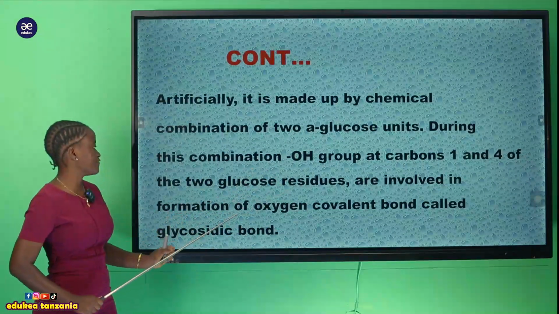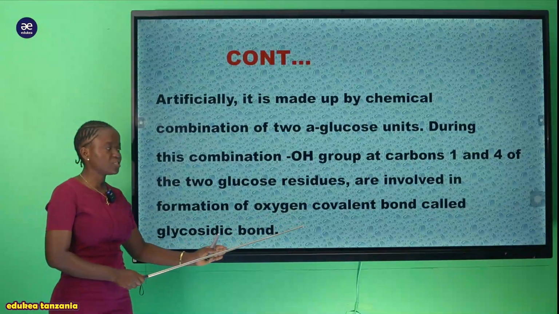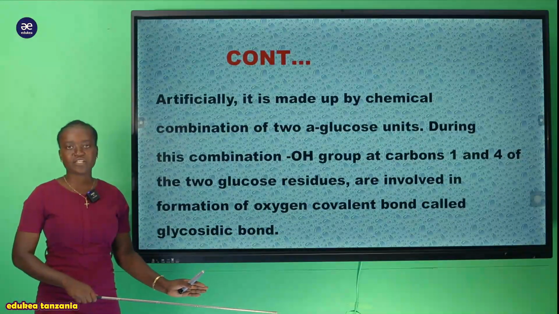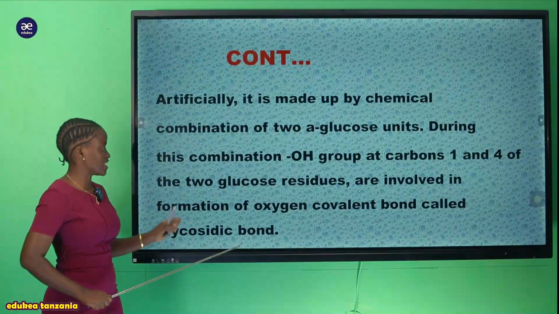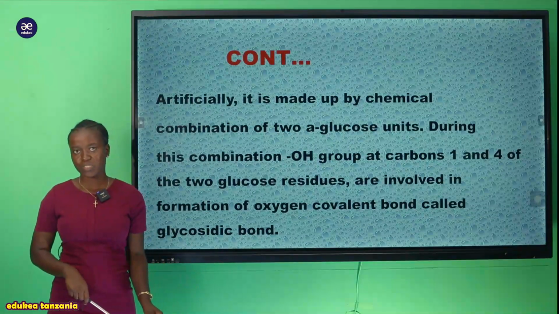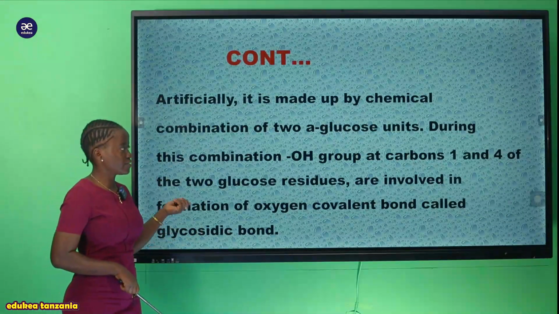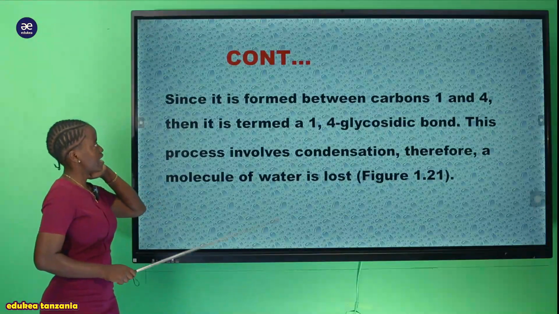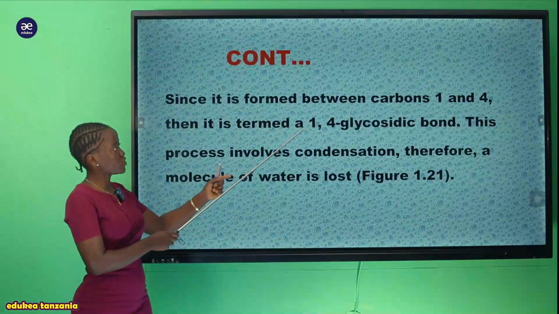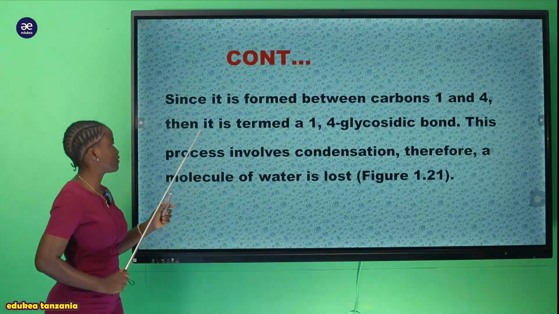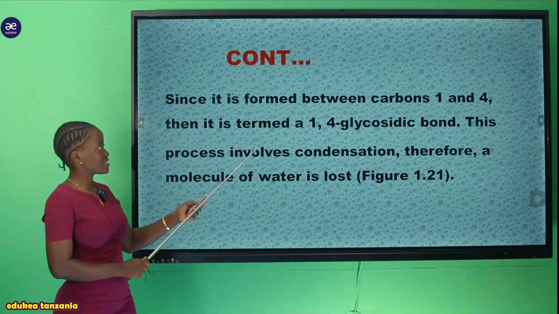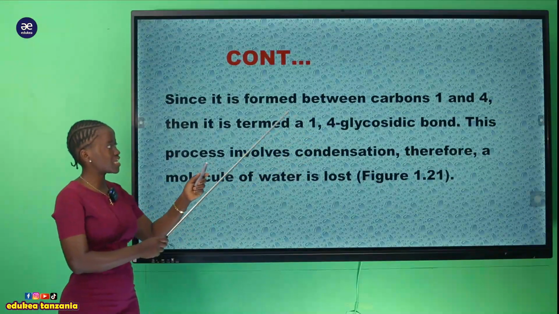They are involved in the formation of a covalent bond, and that covalent bond is termed the glycosidic bond. Since it is formed between carbon number 1 and carbon number 4, it is termed the 1,4 glycosidic bond.